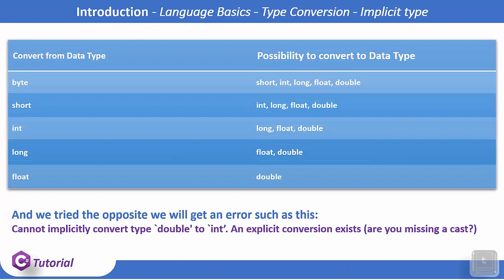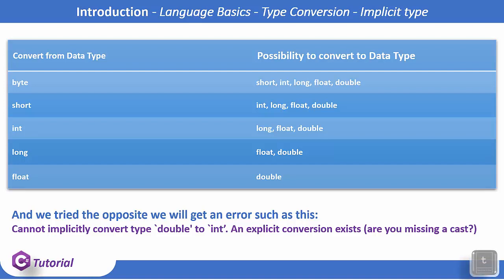We can see in this table how the conversion can occur. If we use the conversion from byte, we can convert to every type, like short, integer, long, float, double, implicitly.